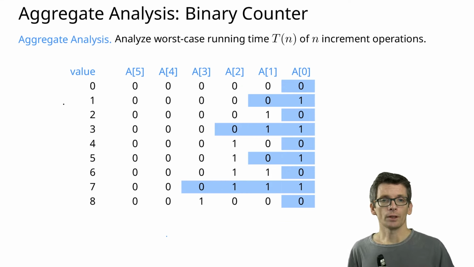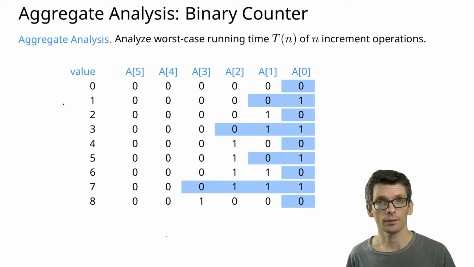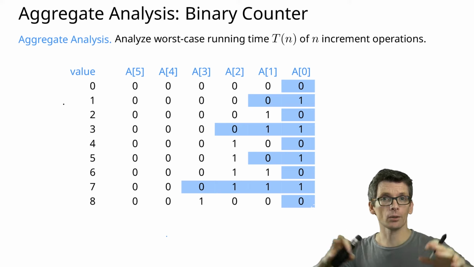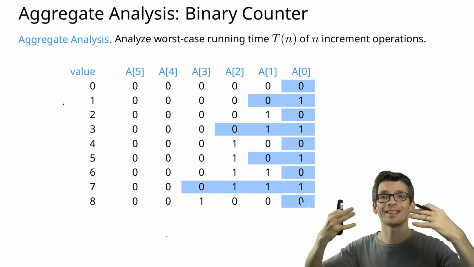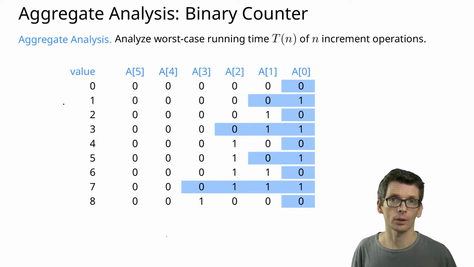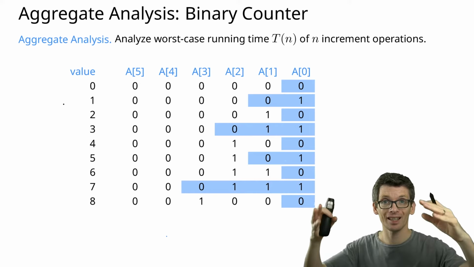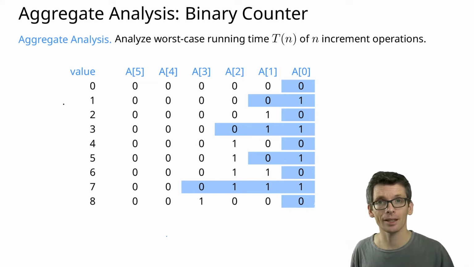How do we prove this? So let's start with the aggregate analysis. Here we simply try to compute T of n, the worst case running time of a sequence of n increments starting at 0.